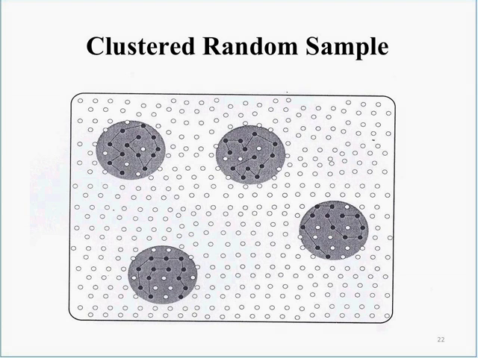So, clustered versus unclustered, again, that's something that you're going to need to discuss with your statistician in order to decide which way you want to go on that particular subject. And having discussed that, now we're ready to move over to slide number 22.